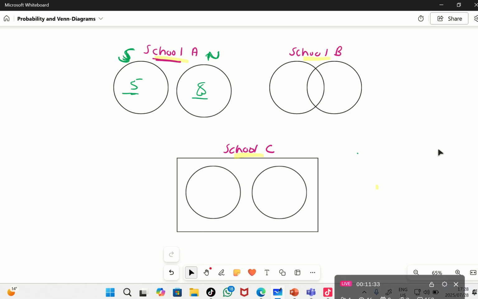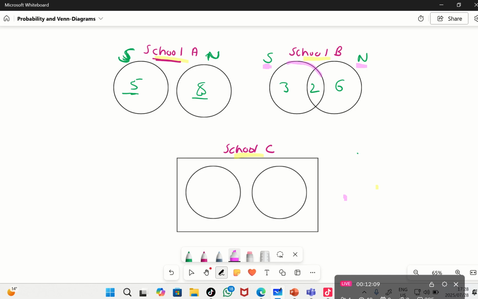Now let us go to school B. In school B, we've got 3 learners playing soccer, 6 learners playing netball, and 2 learners playing both soccer and netball. So we've got the number of learners playing soccer in the school, and the number playing netball.